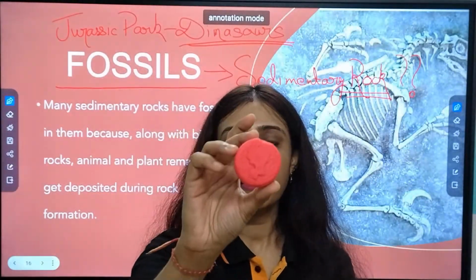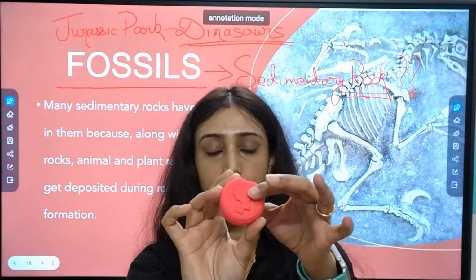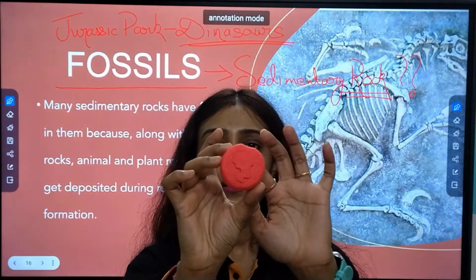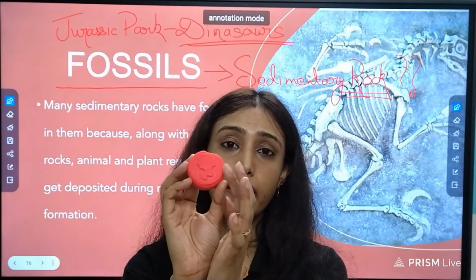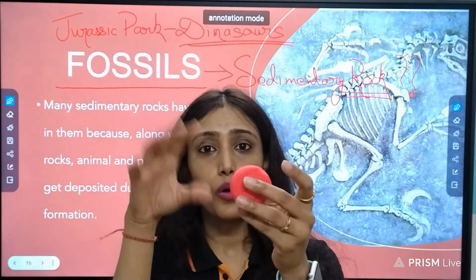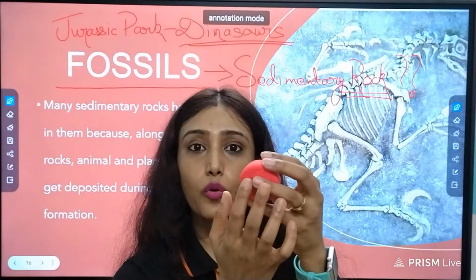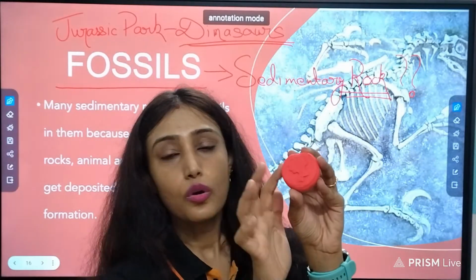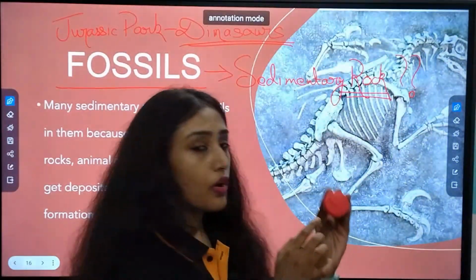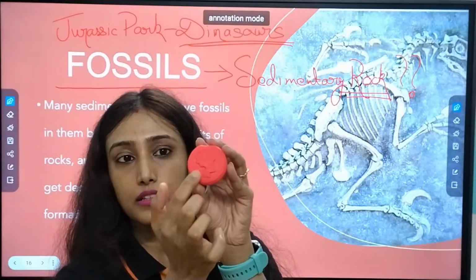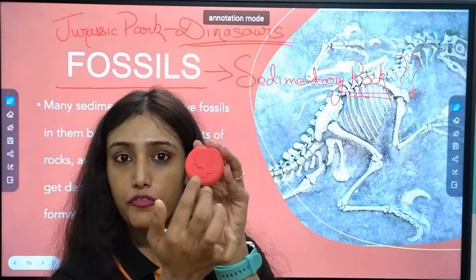And you know, if I keep this modeling clay in air, after some days you will see that it will turn hard. Okay. And if you again add water or something to it, it won't melt. So the same thing happens in the case of sedimentary rock. These are the very soft part.